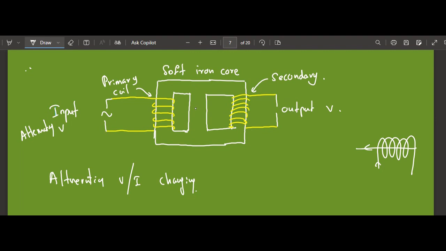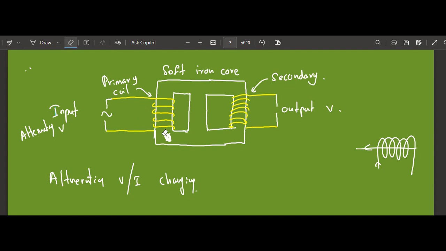When the magnetic field gets stronger, the magnetism in the iron also increases. If the magnetic field in the coil gets weaker, the magnetism in the iron also gets weaker. If the poles of the magnetic field in this coil change, the poles of the iron core also change. It is not just this part; the entire soft iron core becomes a magnet.